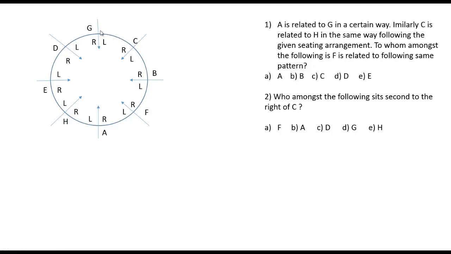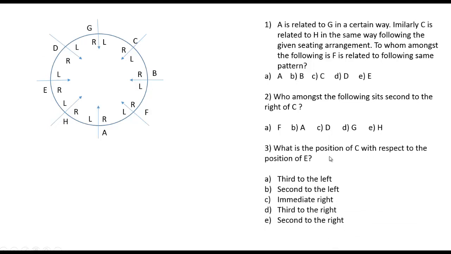How many spaces? Second. So first, that is G, and second, that is D. So second to the right of C is D, and therefore this third is the correct answer.